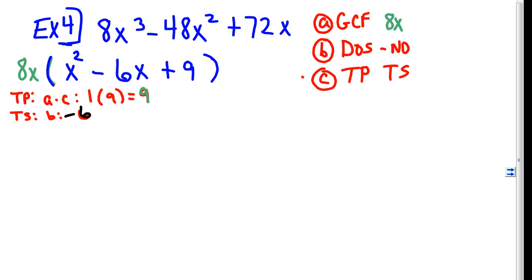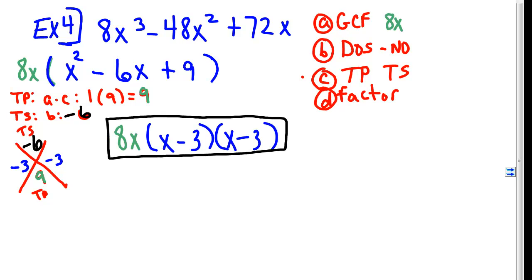So now I look for my target product, target sum. My target product is 9, and the target sum is negative 6. The two factors that multiply together to give me 9, but combine to give me negative 6, are negative 3 and negative 3. These are my factors. So my answer is 8x times x minus 3 times x minus 3.